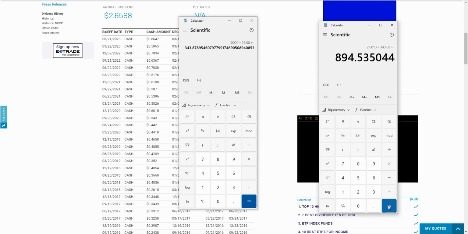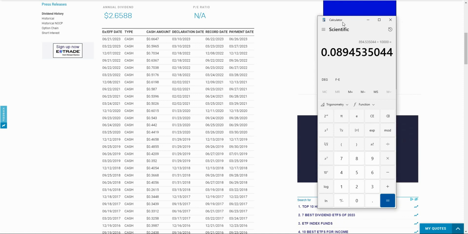So you would have received roughly $894 in dividends on the shares that you bought in 2013 on that $10,000 you initially invested. So if you divide that number by the initial investment, you would have a yield on cost of about 8.95%, which is a pretty good number overall.